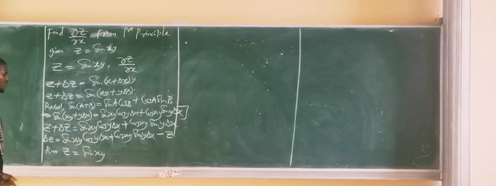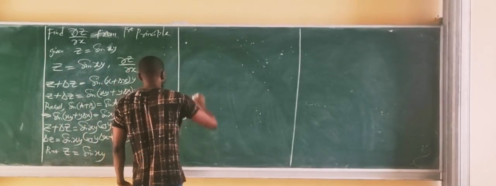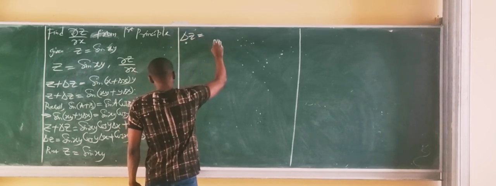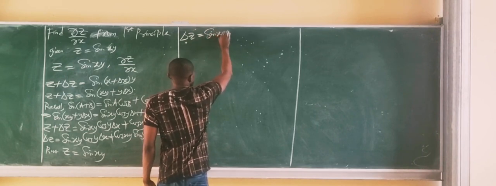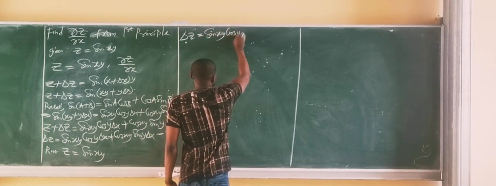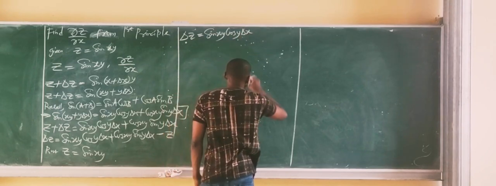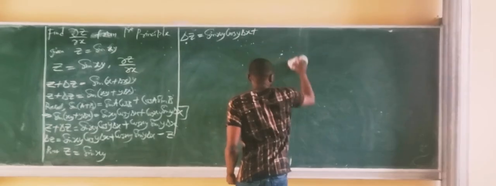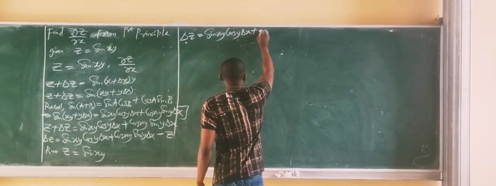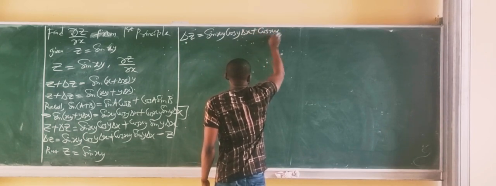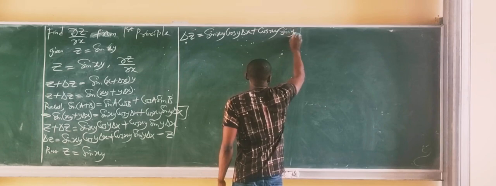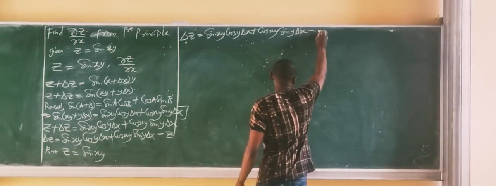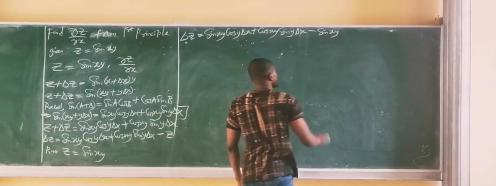So in place of z, we are going to have that change in z is equal to sine xy cos (y change in x) plus cos xy sine (y change in x) minus sine xy.